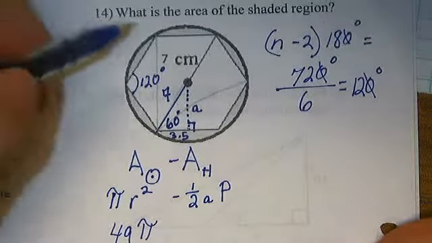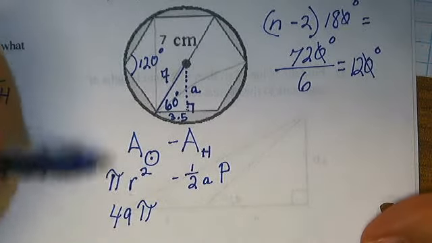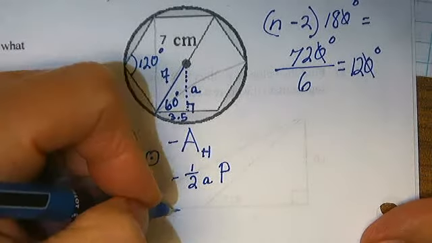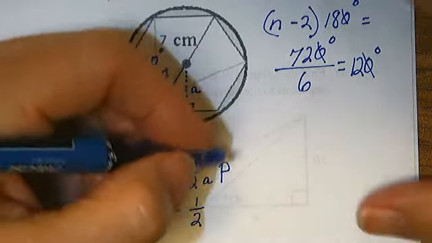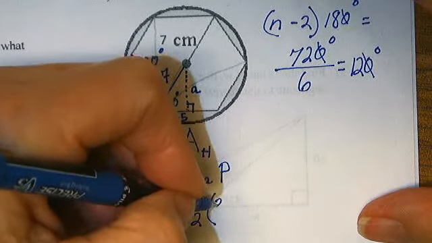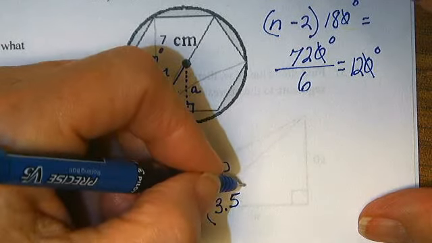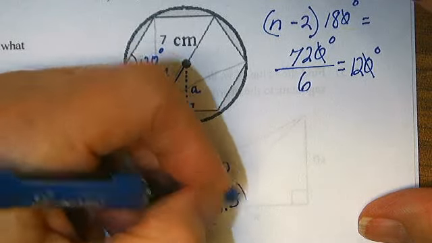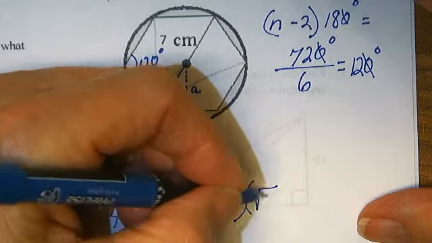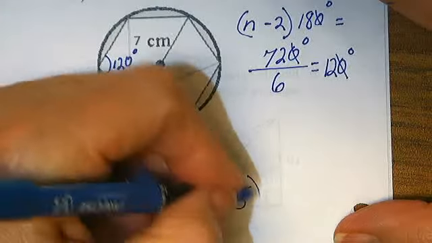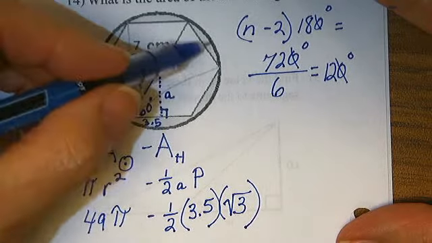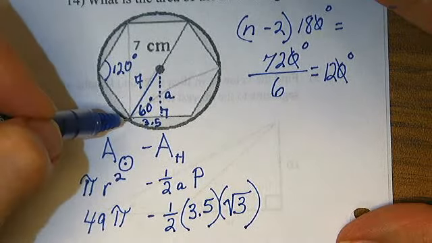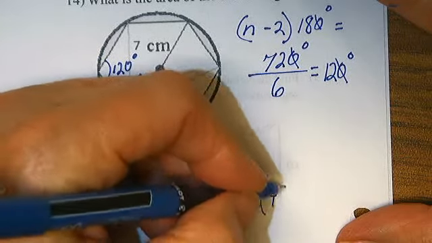The exact area of the shaded region is 49 pi minus 1/2 times 3.5 times the square root of 3 times the perimeter, which is 6 times 7, which is 42.